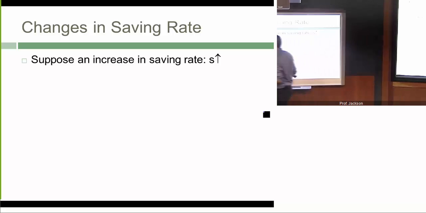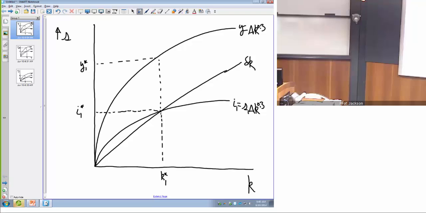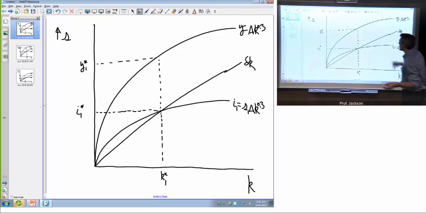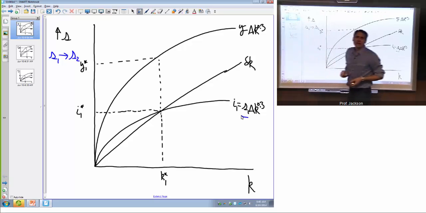To do this, we're going to switch to the smartboard. So here, in our example, we're increasing the savings rate. We start off in this initial steady state with an initial savings rate S1. Our savings rate is going to increase from S1 to S2.